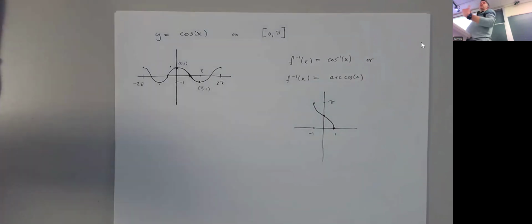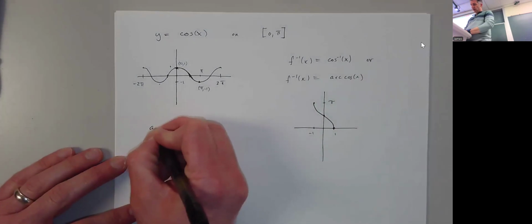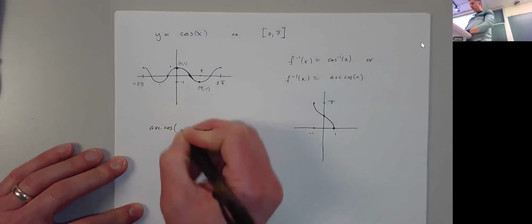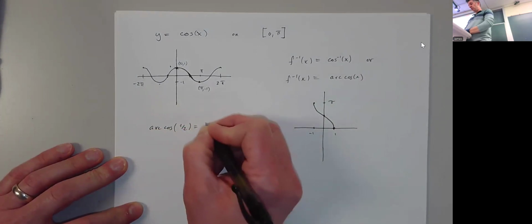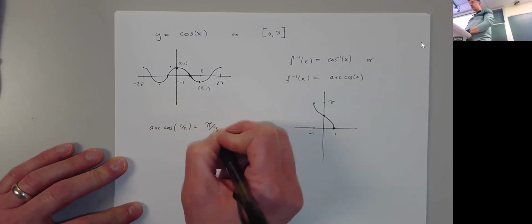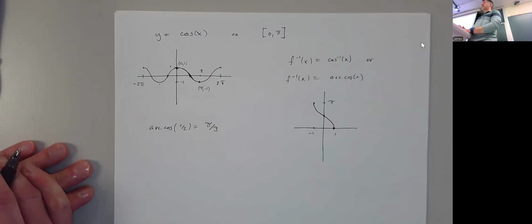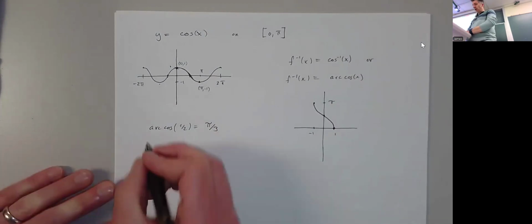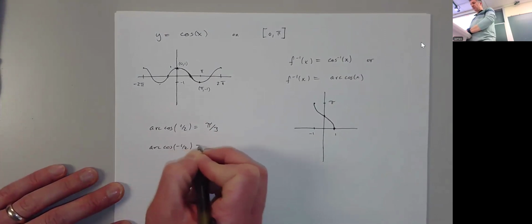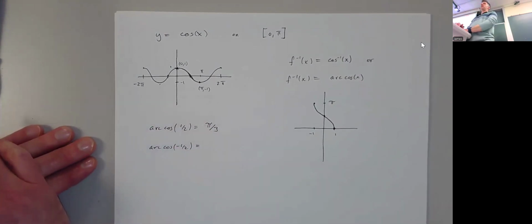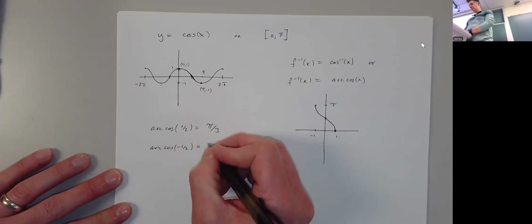In a similar way with arc sine, you can also find arc cosine of lots of values. For example, the arc cosine of 1/2 is equal to pi over 3, because cosine of pi over 3 is equal to 1/2. And the arc cosine of negative 1/2 is equal to, prepare for disappointment, 2 pi over 3.